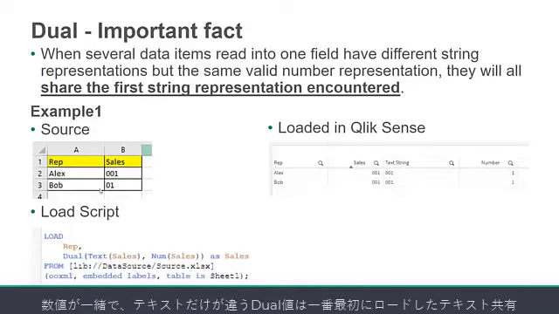Then, when loading the second line, which is 01, QuickSense thinks there is already a numeric number 1 again. The text string of the numeric number is 001, even though the actual presentation in the data source of the second line is 01. So QuickSense will use the first line 001 as the text presentation of the numeric value 1.